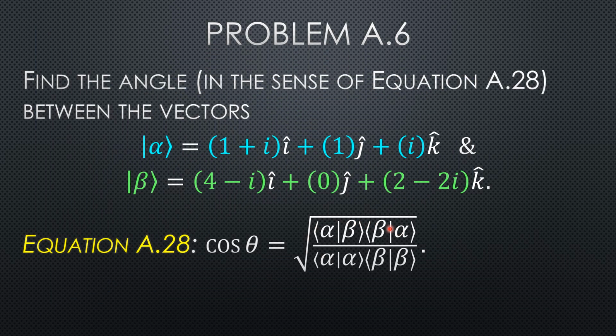And as we see, if we square that to put it inside the square root, that turns into alpha beta, beta alpha, because the magnitude squared is just the inner product times its complex conjugate. And that's how we end up with this. So, nice little refresher for that, but overall, this question isn't that challenging. We just have to take care of the math. So let's get started with these inner products.